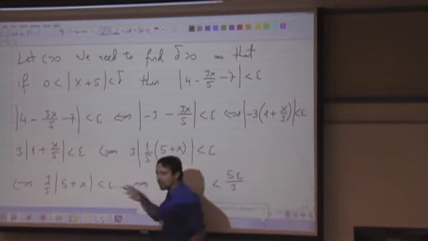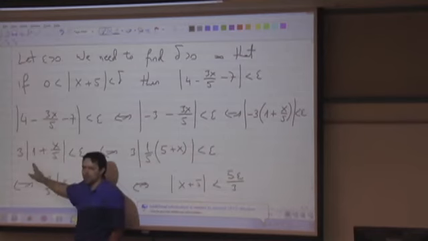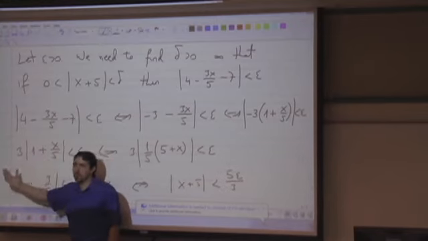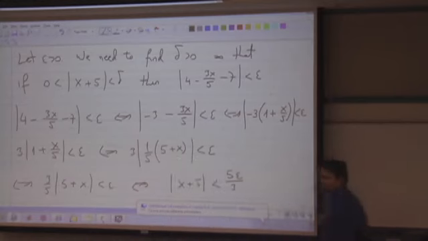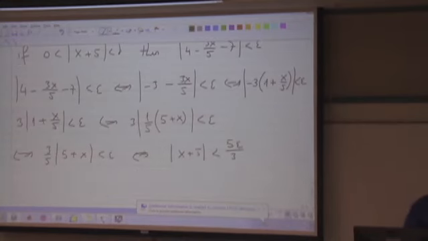Basically just think about the fact that if I'm multiplying the inside quantity by 5, I end up with 5 plus x, which is x plus 5, right? So if that's the case, then taking out a 1/5 is going to accomplish the same goal. So far so good? So what is delta? 5 epsilon over 3. Does that make sense?